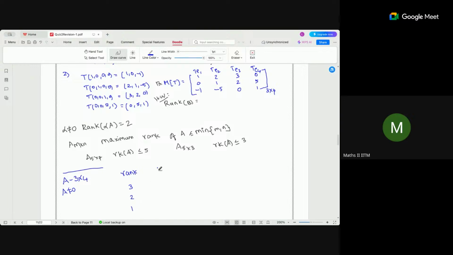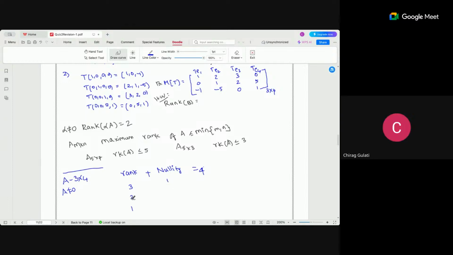Now, what is the minimum possible nullity? You know that rank plus nullity should be equal to the number of columns, n. Here it is 4, right? So if the rank is 3, what should be the nullity? 1.